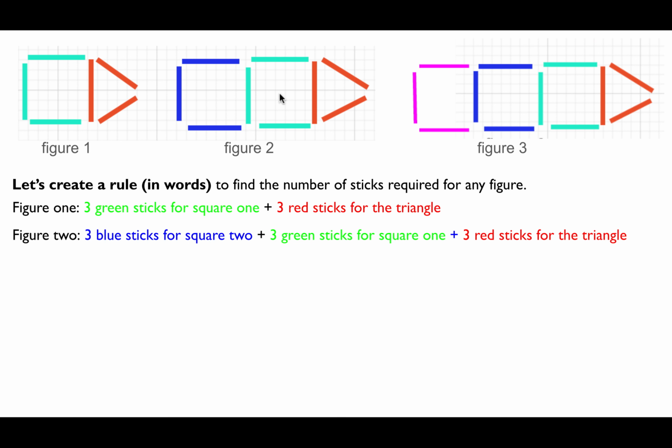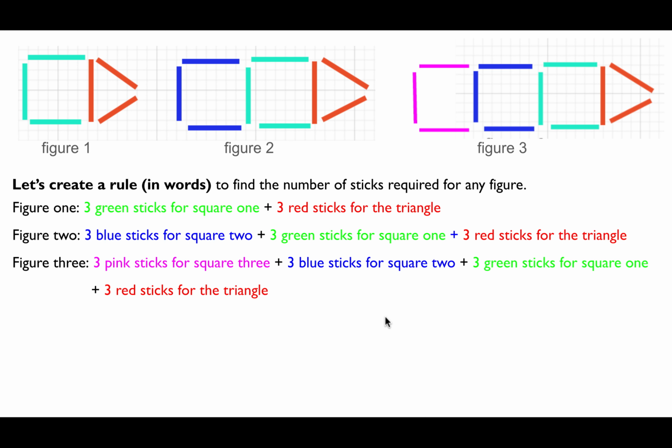So I have my 2 squares, and then I have my 3 red sticks for my triangle. And for figure 3, which has my 3 squares, I now have 3 pink sticks to make my new square, my 3 blue sticks, and my 3 green sticks, for this is square 1, 2, and 3. And then I have my 3 red sticks for my triangle.